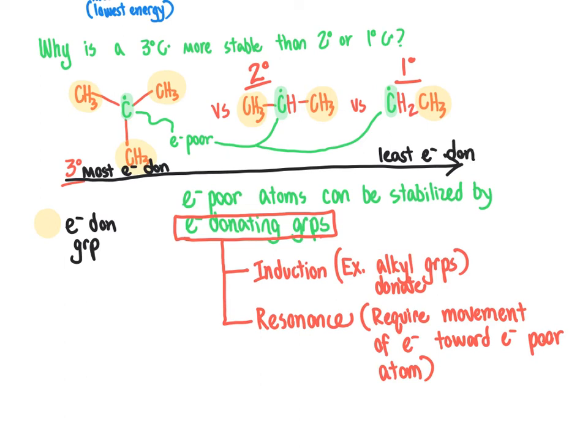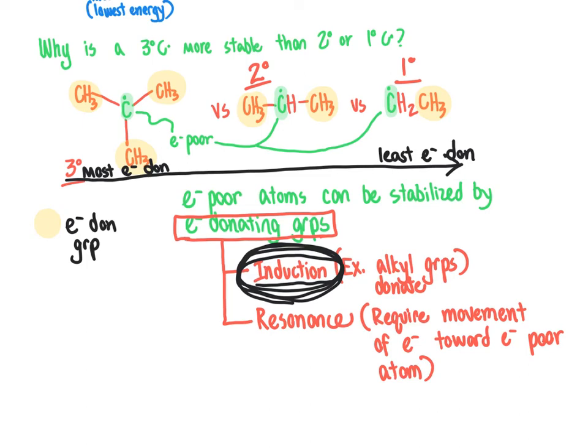So the reason that a tertiary carbon is the most stable goes entirely with this concept of induction, that those alkyl groups are electron donating by induction, and so the more of those you have, the more stable that electron-poor carbon radical is going to be.